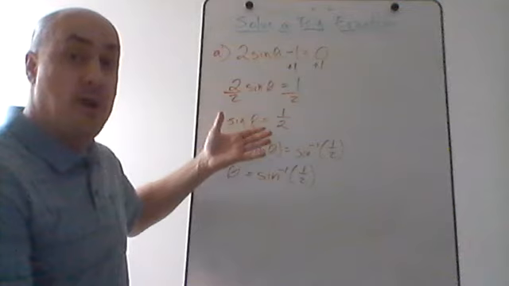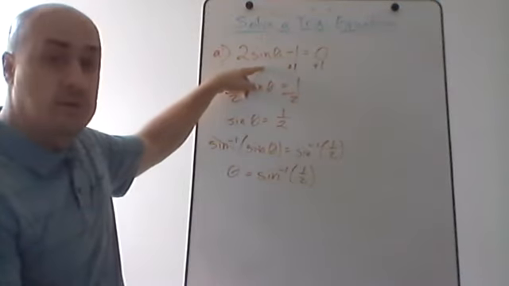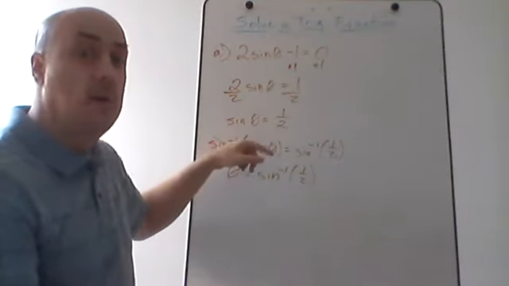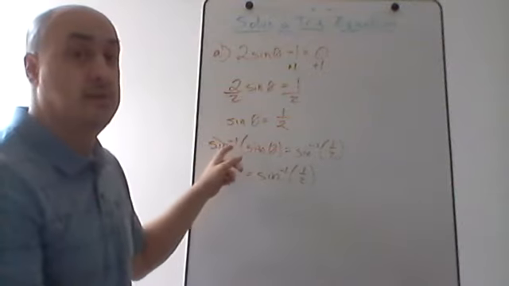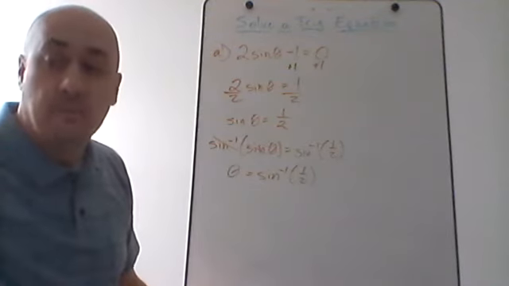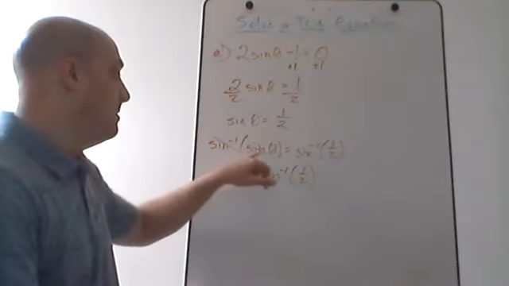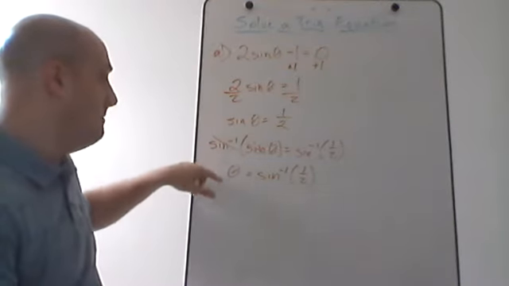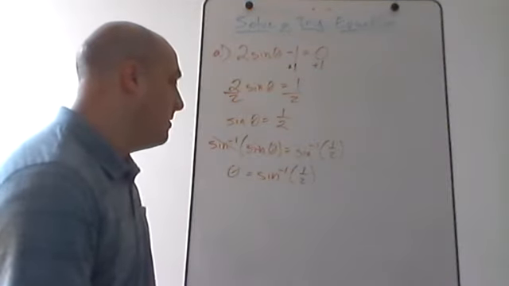Same basic strategy here. If I have a trig equation, I need to isolate that trigonometric term before I can use the inverse trig function, in this case sine inverse, to cancel it out. Which is exactly what we just did. I put the sine inverse on both sides, that cancels out the sine function, so I have theta equals sine inverse of 1/2.